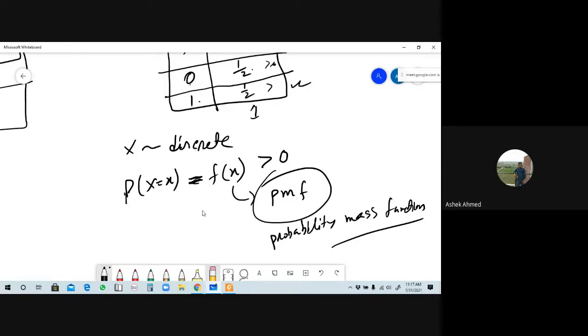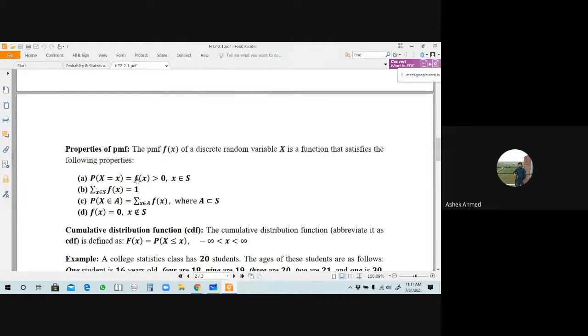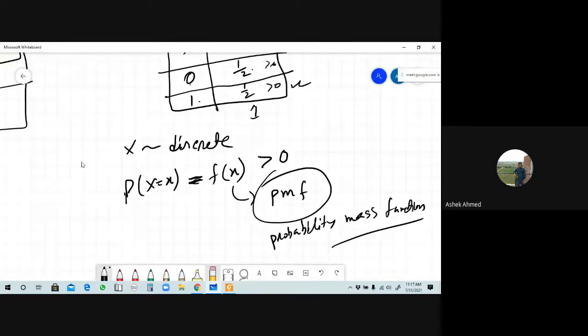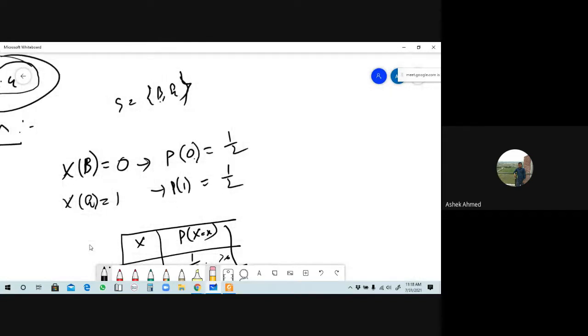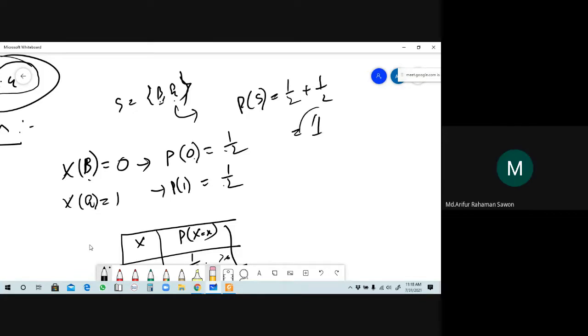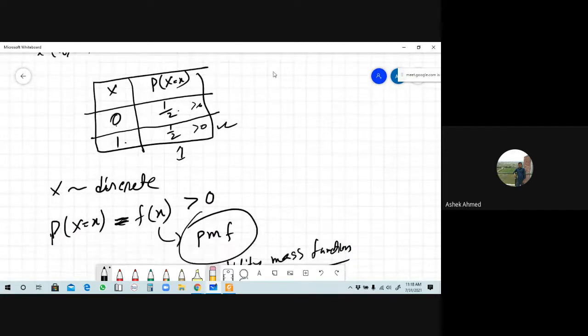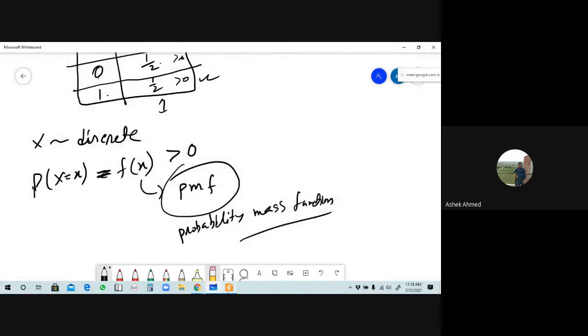Since there are two outcomes, the probability for b is half and for g is half, plus half means 1. So the sum of the total probability of all the sample space will be 1.